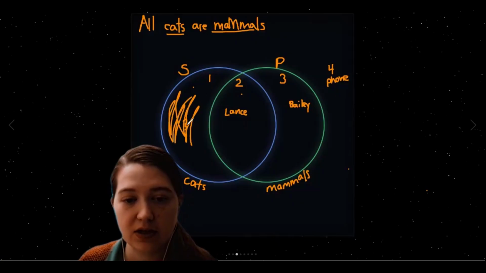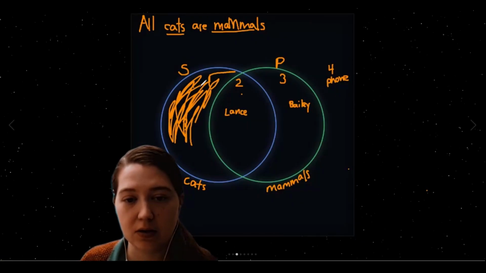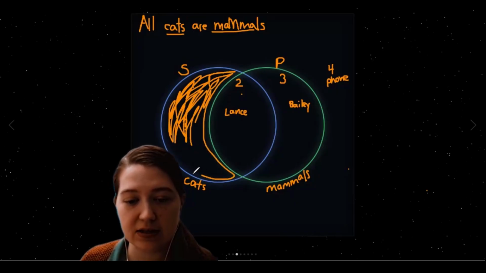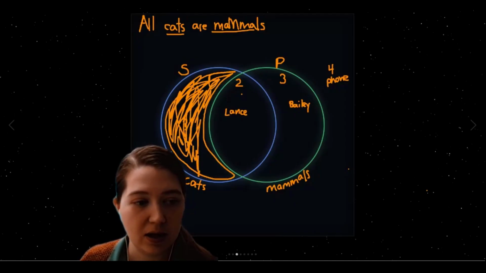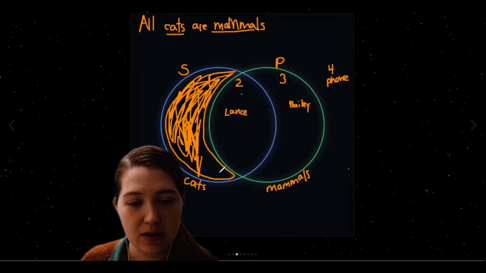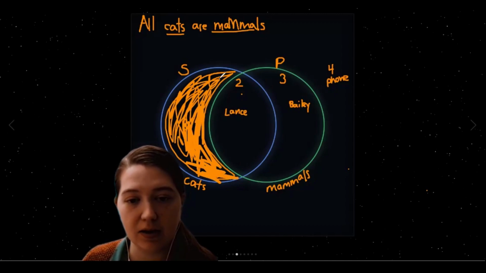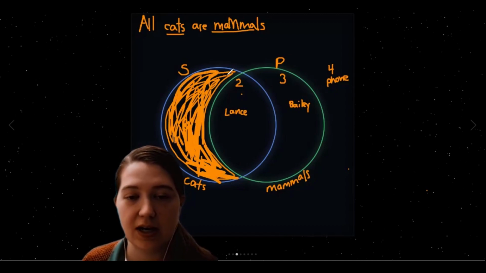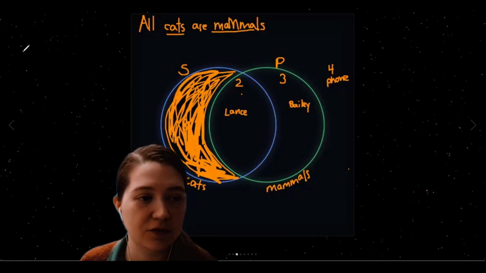So the convention within the Venn diagram system within categorical logic is to shade this region because shading it tells me nothing can go there. Nothing can go here. I'll cover it up so that I know that nothing belongs there. No entities are non-mammal cats because of the fact that all cats are mammals. So this gets shaded.